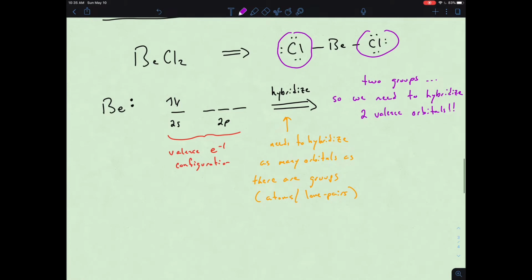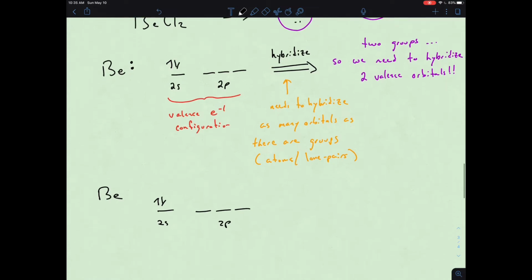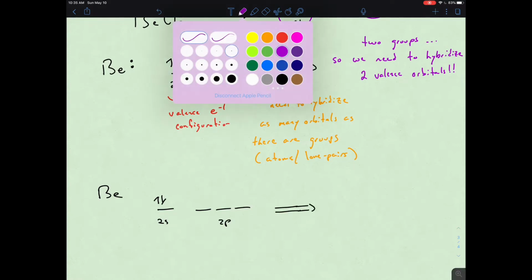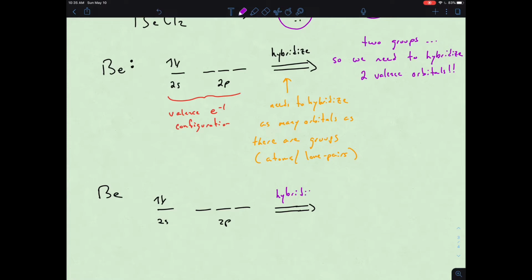So if we come down to the beryllium, let's write it again as far as its valence shell with those two electrons in the 2s. Right, now it needs to hybridize. And it's going to hybridize two orbitals to do this. And so here is one orbital, and then here is another orbital.